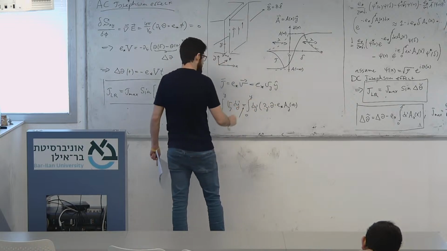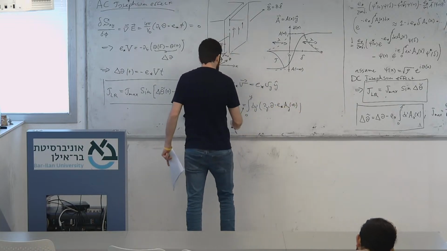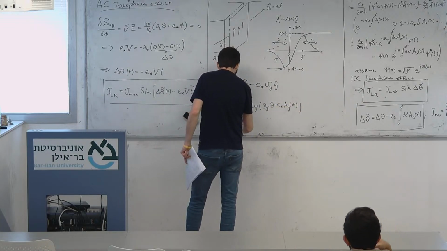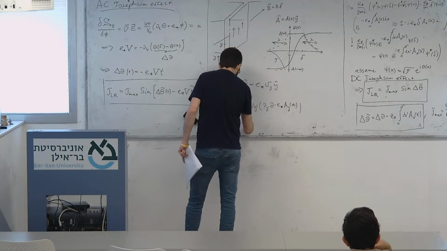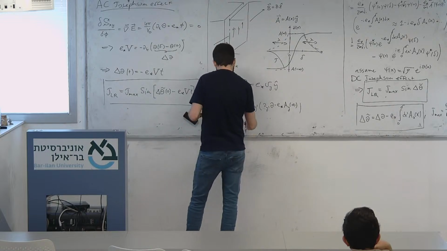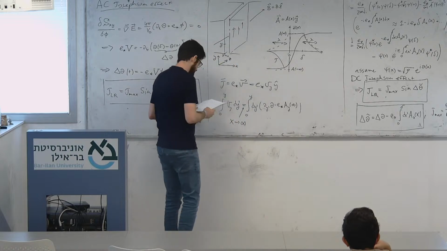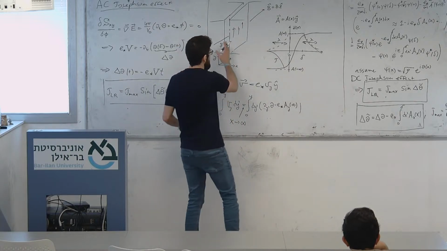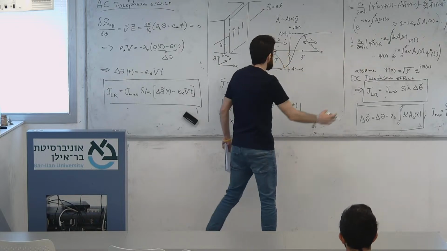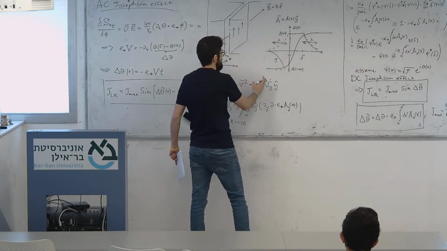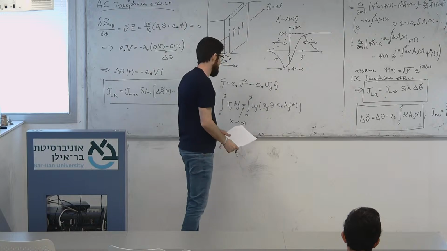Now, why did I write here infinity? Let's take x to infinity. Okay, so let's say we're deep in this superconductor. So we're not doing this at the junction, we're doing this deep inside.